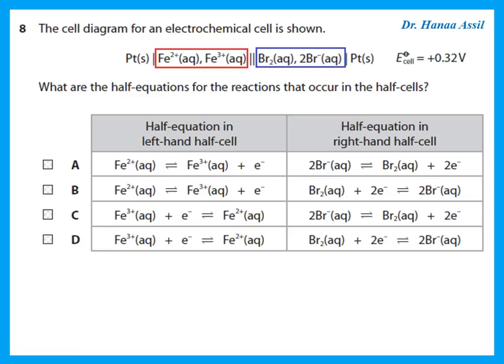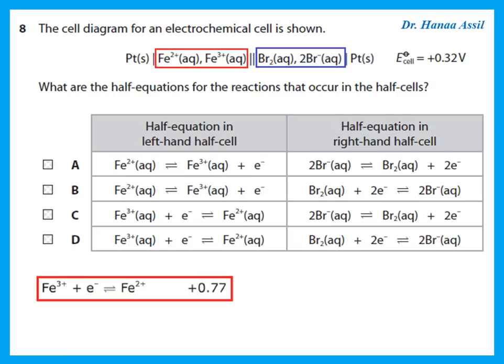And that means that it should be B. And that is because if I have iron 3, when you look at the data booklet, it will tell you the Fe3 plus plus electron to Fe2 plus is plus 0.77. But what we are dealing with is the other way around.